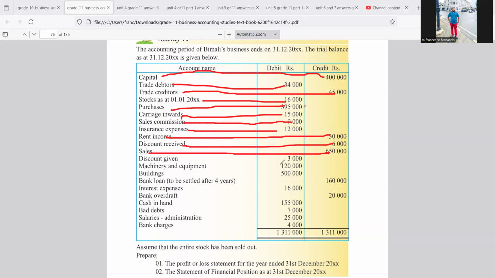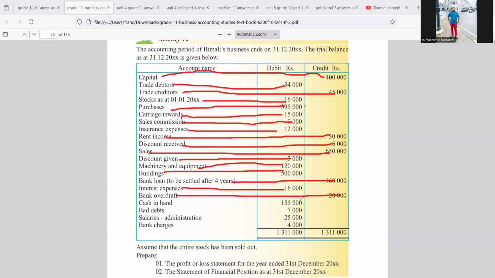So this is sales, equipment, discount given, building, bank loan, interest expense, bank overdraft, cash, bad debts, salary and bank charges. And then decide what is coming in the SOFP and what is coming to the PNL, right?